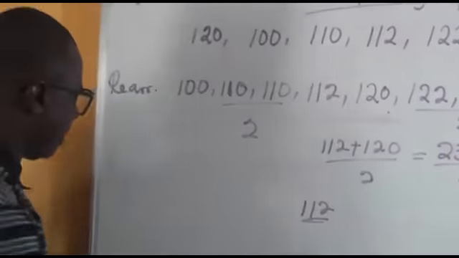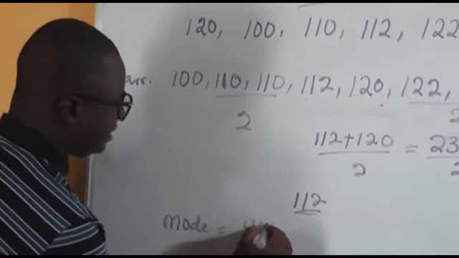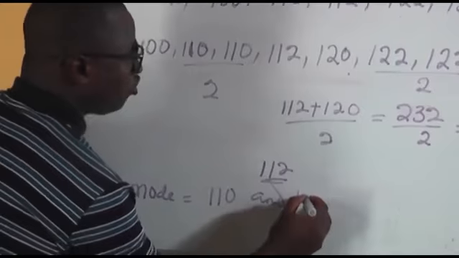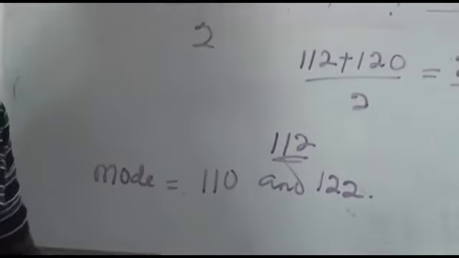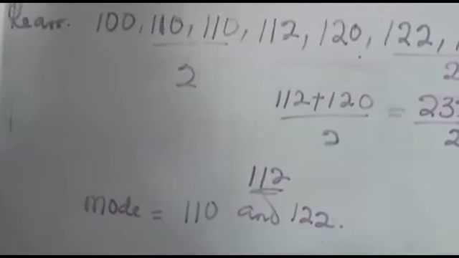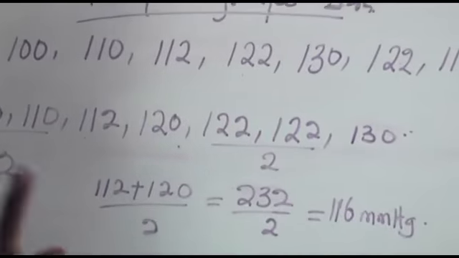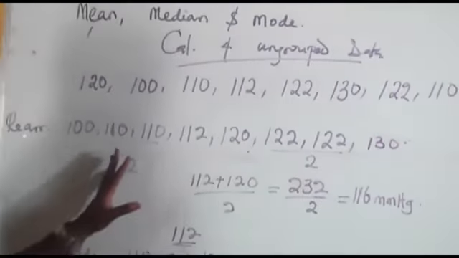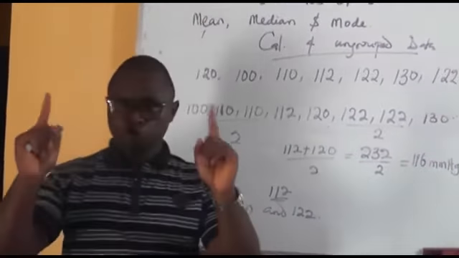So what is my mode? My mode will be 110 and 122. In this distribution I'm having 2 modes. We call that bimodal. But if I just have one mode, let's assume I don't have 122 in 2 places, and I just have 110 in 2 places, my answer will just be 110, which is unimodal.